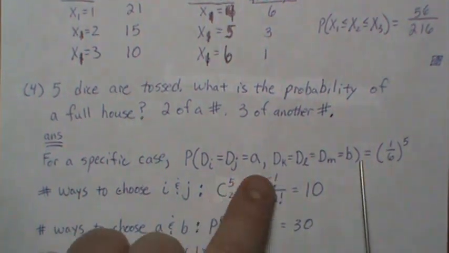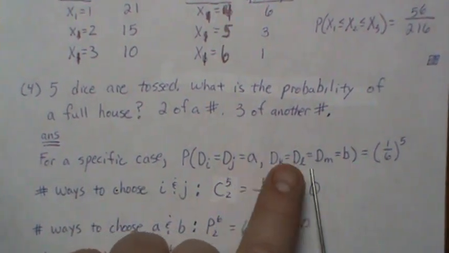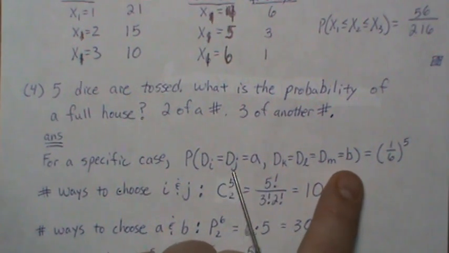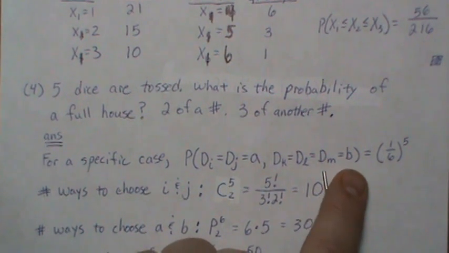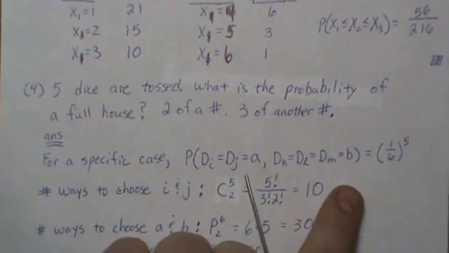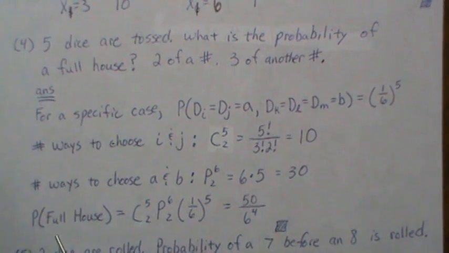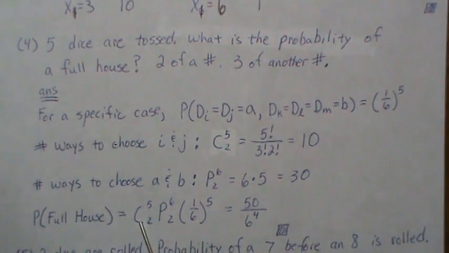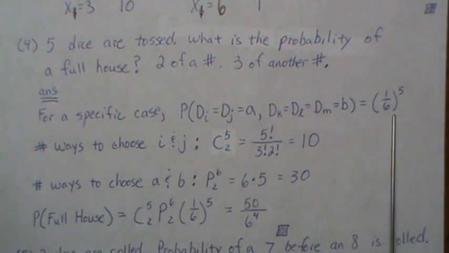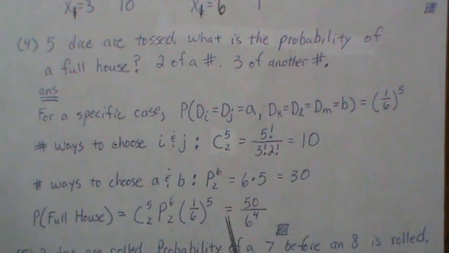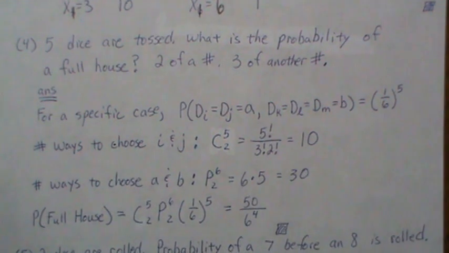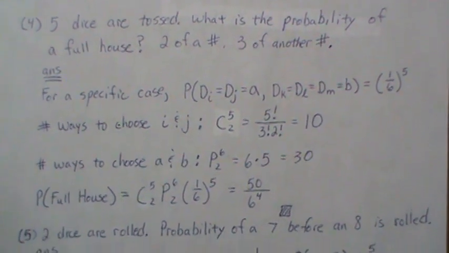And the reason is it's not combinations, because if we switch A and B, 2 dice equal to B and 3 dice equal to A is not the same as when you flip them. So order matters, so it's permutations. So the probability of a full house is combinations 5 choose 2, permutation 6 choose 2, times the probability of an individual event, and then that simplifies to 50 over 6 to the 4th.